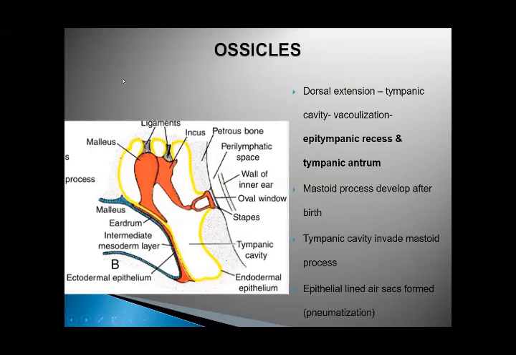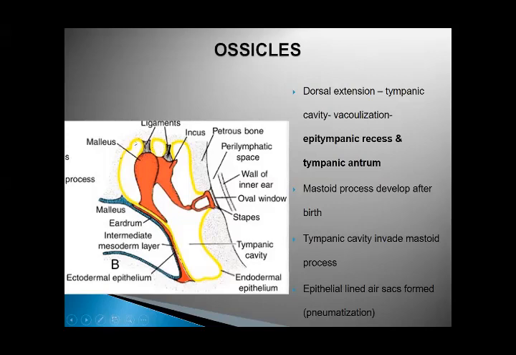Now, ये जो middle ear cavity है ना, this extends further laterally. ठीक है? And इसमें vacuoles appear कर देते हैं, as it extends laterally into the bone. Small vacuoles appear. ये vacuoles join कर देते हैं, a cavity is formed.